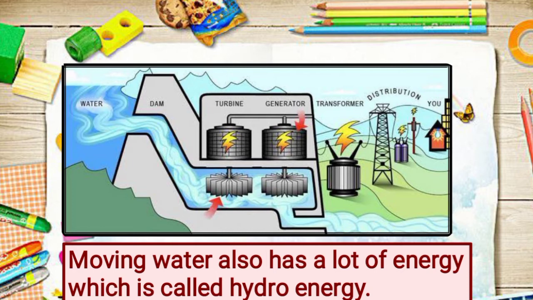Moving water has a lot of energy in it, and this energy is called hydro energy. To use this energy, we build dams, and these dams allow the water to fall from a height onto a turbine with great force, and then the turbine moves and helps produce electrical energy.